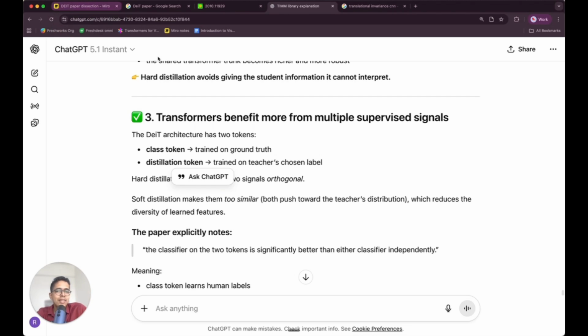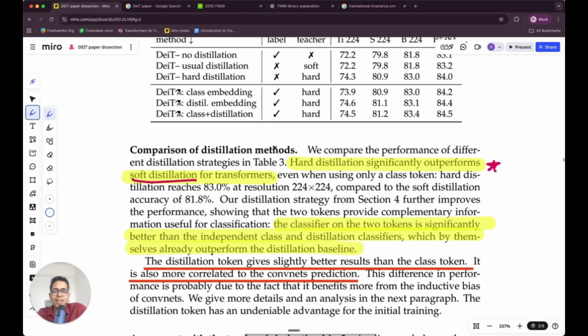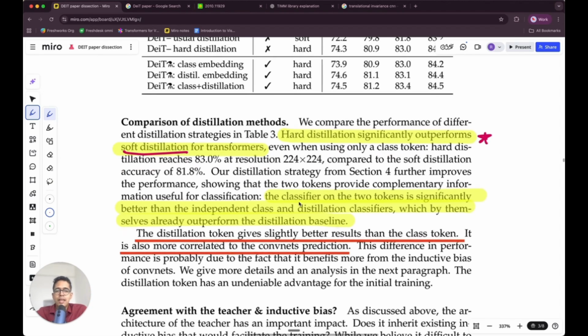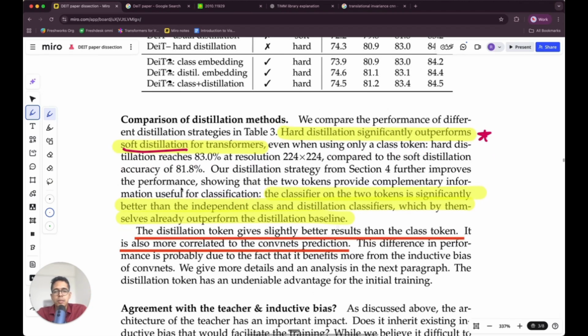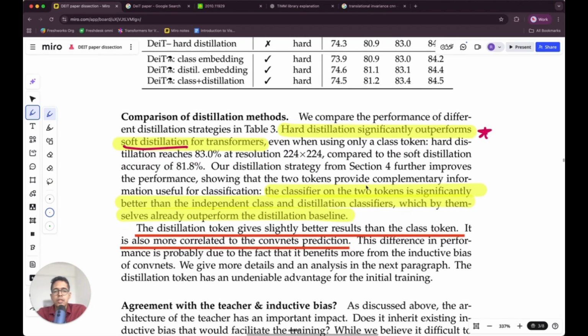Kind of makes sense, I would say, intuitively, but still not mathematically enough. But I guess we'll dive deeper into this when we have a chance in the future. But for now, I believe their result for sure. Our distillation strategy from section 4 further improves the performance, showing that two tokens provide complementary information useful for classification.